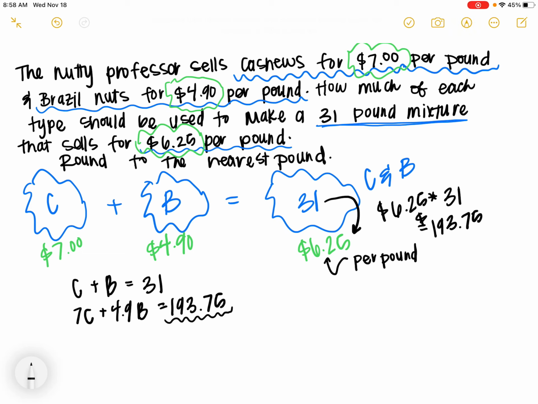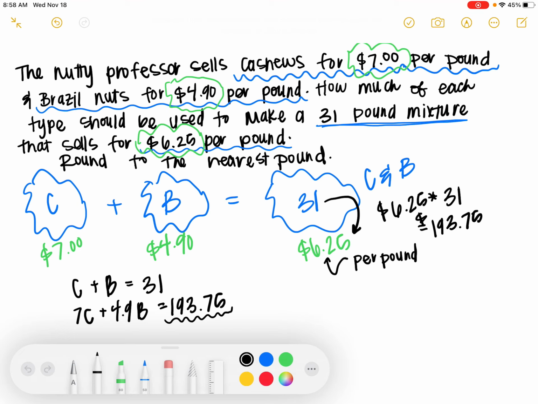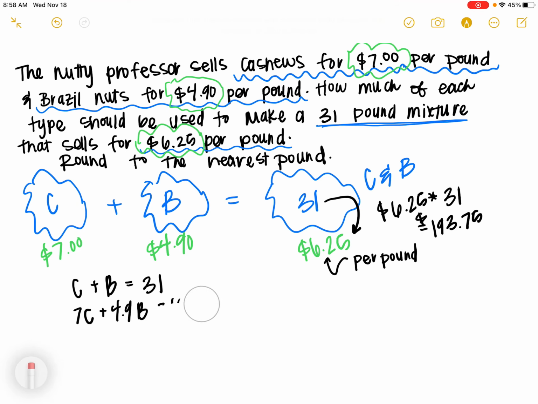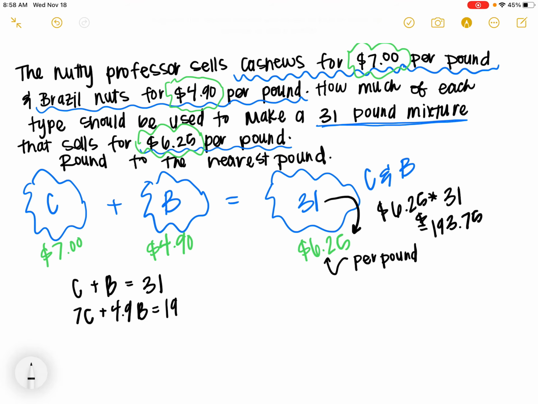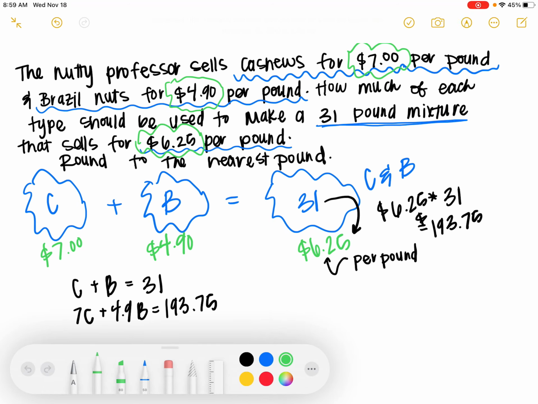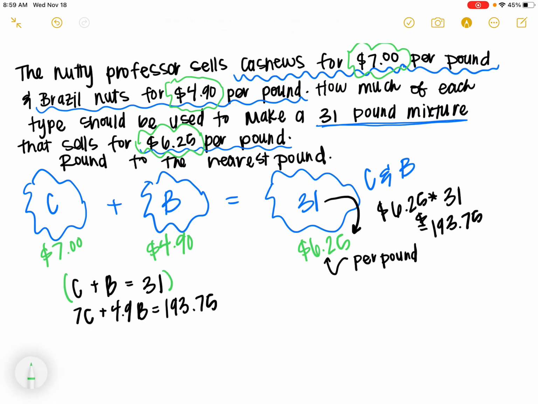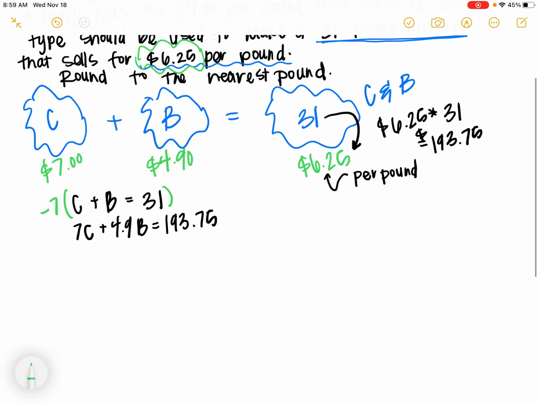Okay, so here I am now going to use elimination, and I'm going to multiply this top equation by -7. So we get -7C minus 7B, and that equals 31 times -7, which is -217.